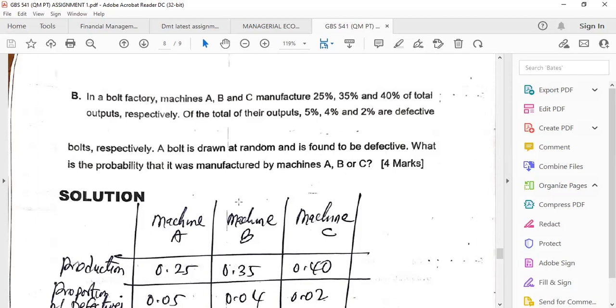Questions, which ones are there? Which ones are the prior probabilities? The 25, 35, and 40. Good. Are they adding up to 1? Yes, they are. So we have the prior probabilities.